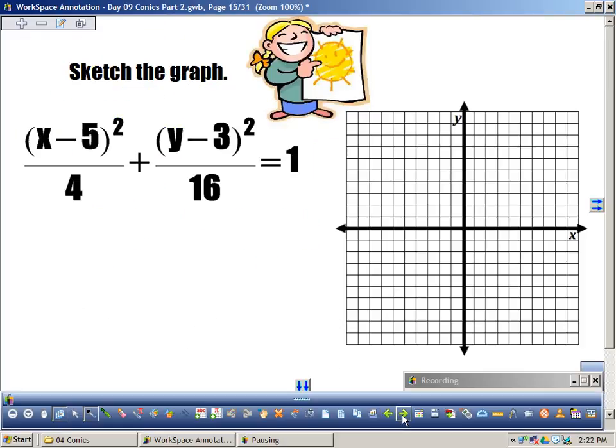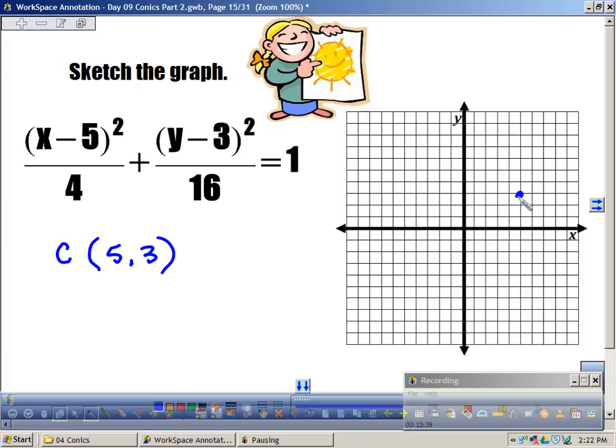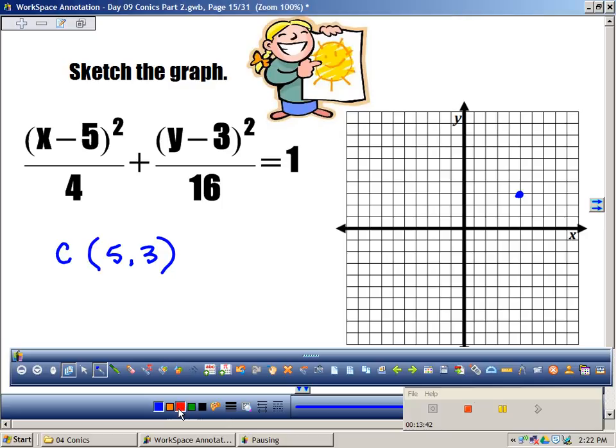So basically I'm just completing the square twice. Gives me this, which is really easy to graph. I know my center is going to be at 5, 3. So we're at 1, 2, 3, 4, 5. 1, 2, 3. On the x-axis, that's really 2 squared.